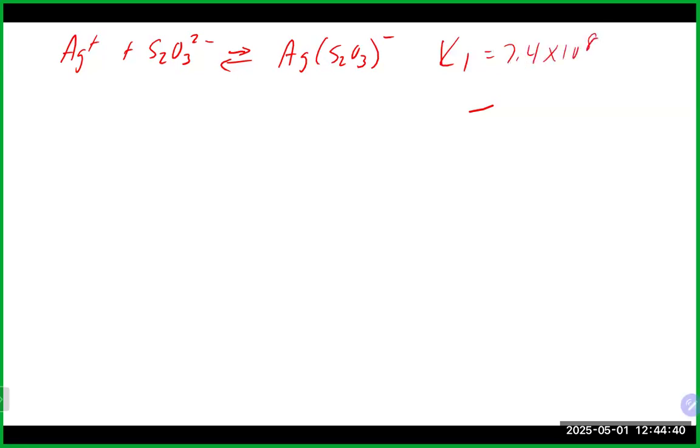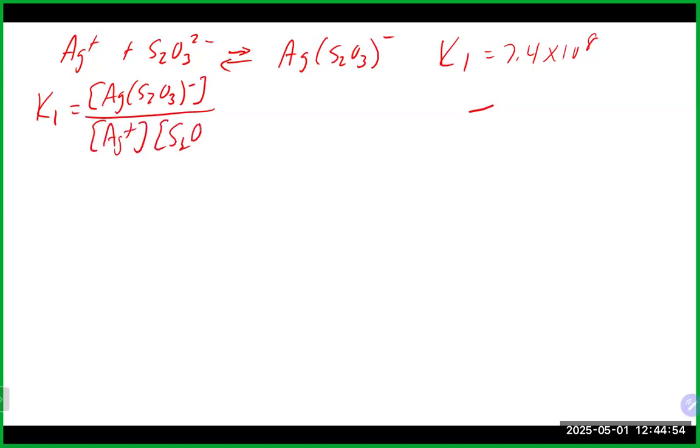All right, so we can again use our equilibrium for our K1, which would be our product divided by our reactants. And once again, because we're using the actual first equilibrium reaction, we are not squaring anything. And this would equal 7.4 times 10 to the 8.